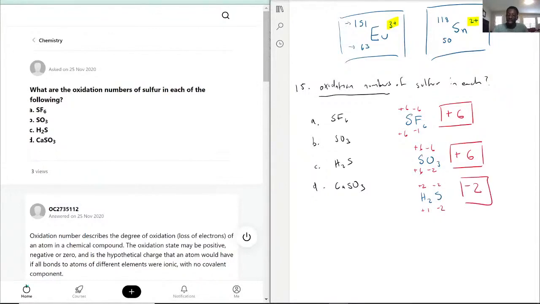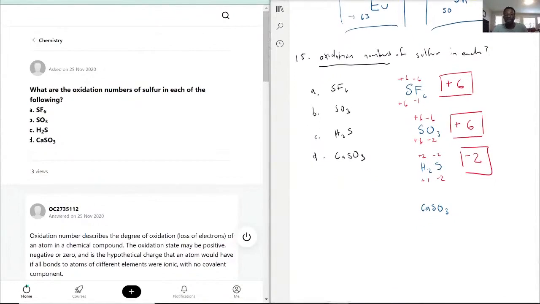And now for the last one, this is kind of a behemoth, CaSO3. There are 2 ways to solve it, but the second way needs you to know your sulfates, sulfides, phosphates, and stuff, which is not really how you want to approach this, because if you don't know, you kind of get yourself lost. We'll approach it the same way with the givens.